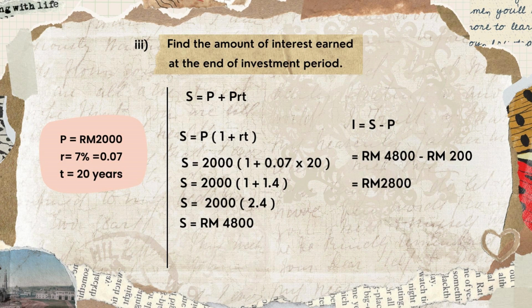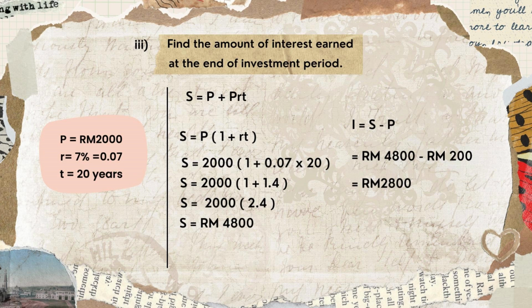Next, you just need to change the P, R, T to the values that we have already found. And it's going to be S equal to 2000 open bracket 1 plus 0.07 times 20 close bracket. The next step is settle the times first and you will get 1.4. After that, plus the number inside the bracket, that is 1 plus 1.4 and the answer you will get is 2.4.